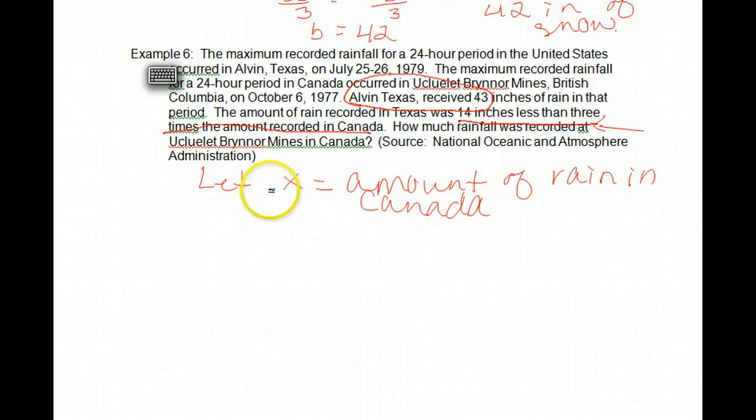So in Canada, we're saying that it was x, and in Texas, that was 14 less than 3 times Canada. So 3 times Canada, and I want 14 less than that. And that will equal what was received in Texas.